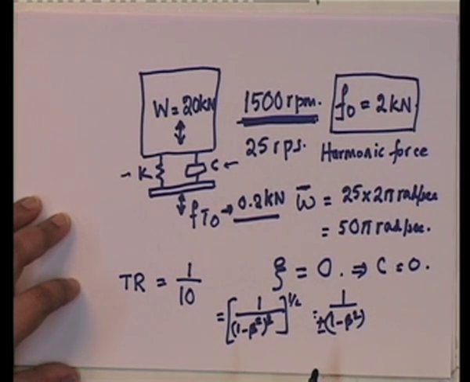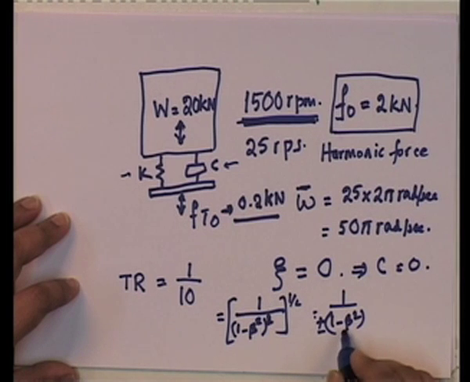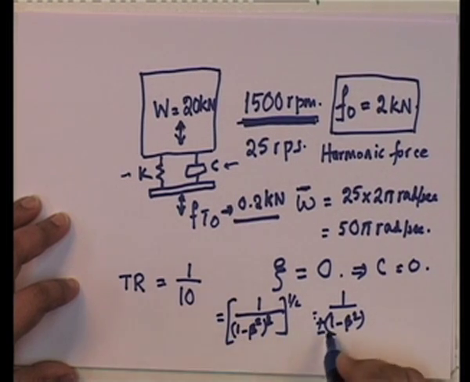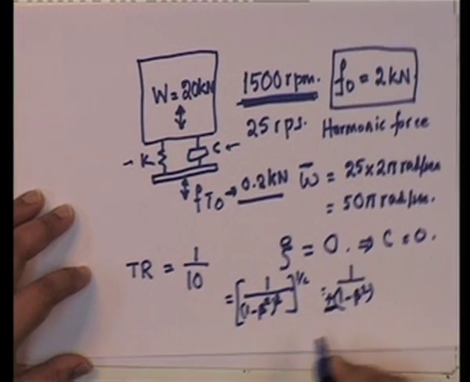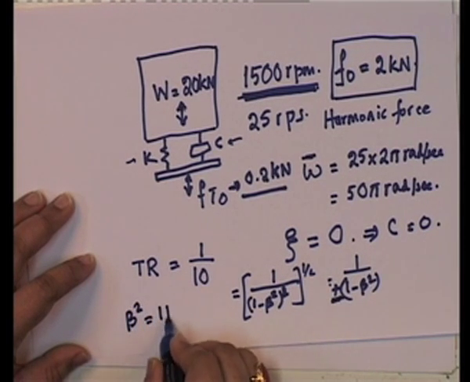So, in other words, if I look at this, what do I get? I put this equal to 10, so 1 minus beta squared is equal to minus 10, which means beta squared minus 1 is 10. So, a minus sign works, and therefore beta squared works out to be 11.